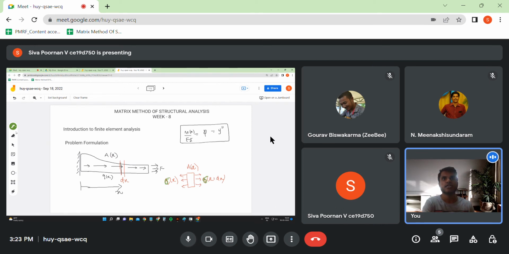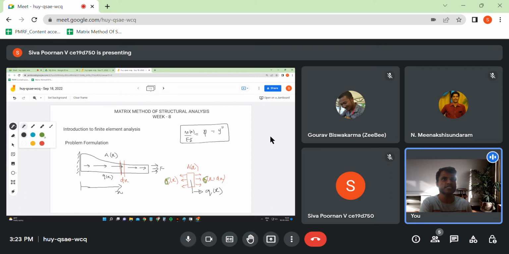And what would be the force that is happening in this area? It will be q of x, right, at that position of x. So now if we see from equilibrium, what does equilibrium say?